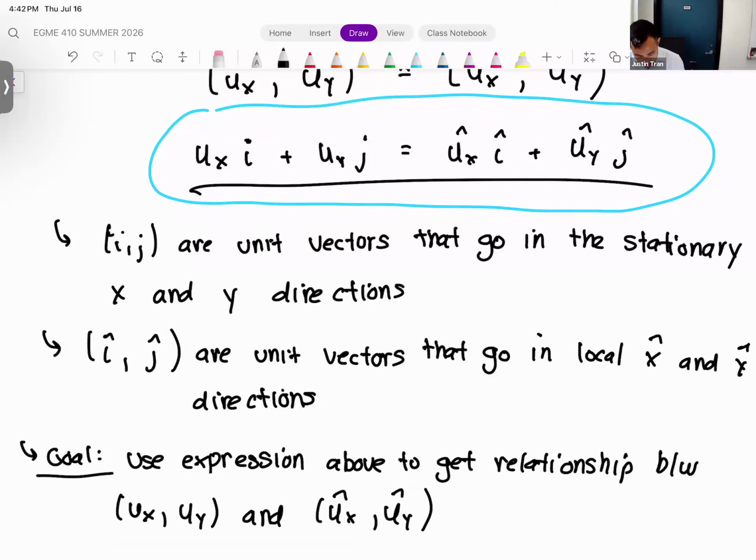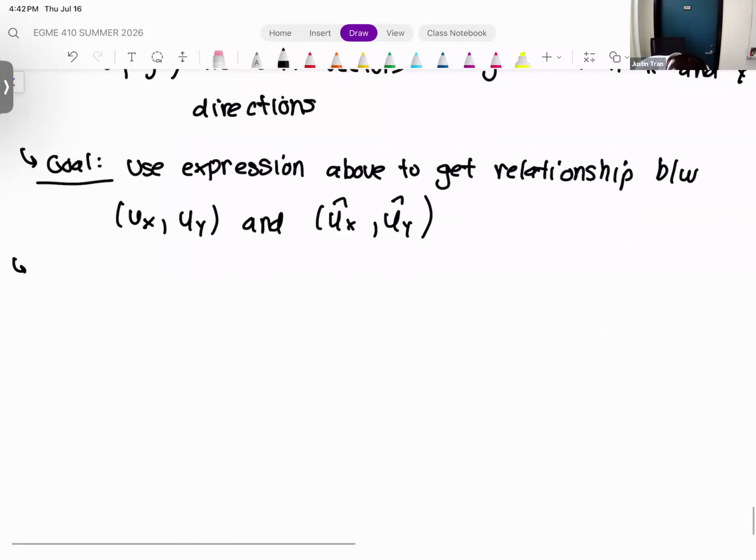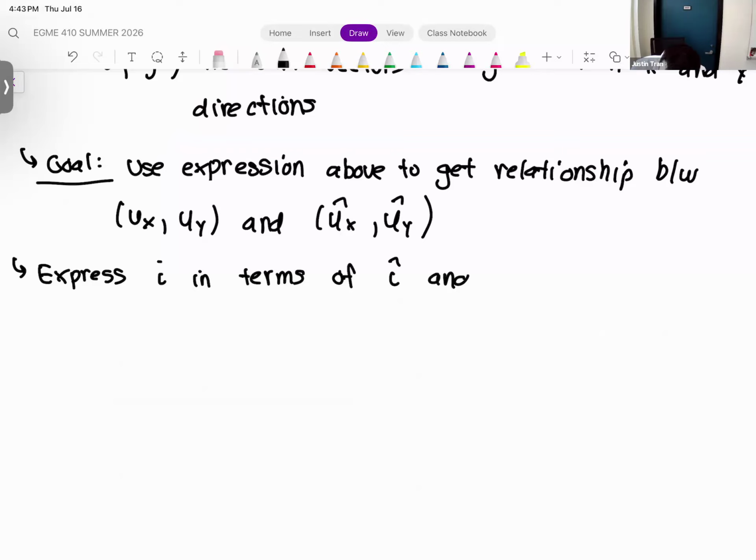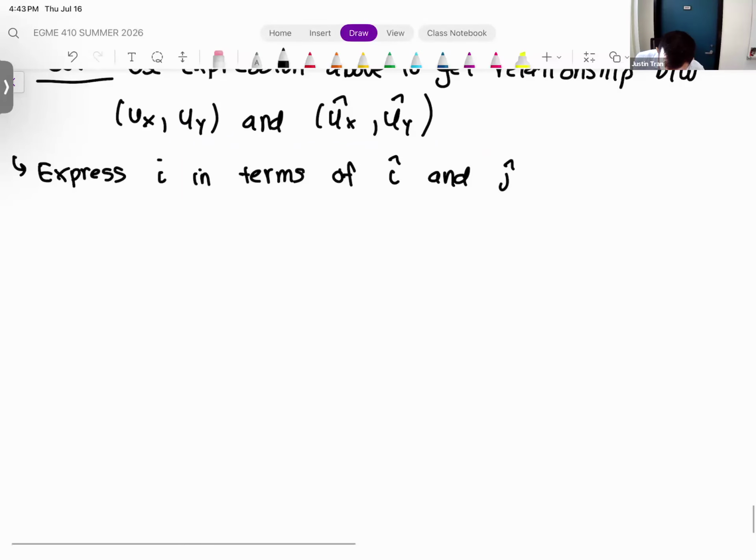Okay, so let's go ahead and get started. The first thing we're going to do is express the i vector in terms of i hat and j hat. To do that, we're going to use some trigonometry.